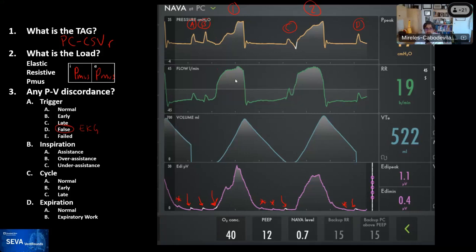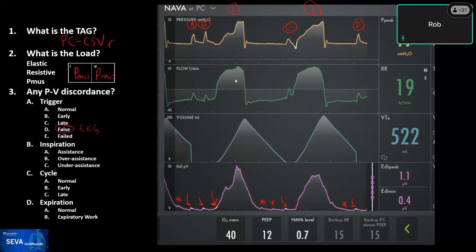So Rob, thoughts here? I'm thinking that because you have an EDI peak, you can say that there's a normal range for EDI peak. And if it's too low, then that would be over assistance, and if it's too high, it's under assistance. I think that's generally true, but I can't remember off the top of my head what the acceptable ranges are.